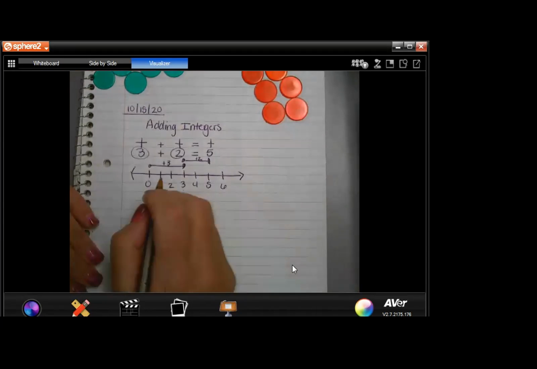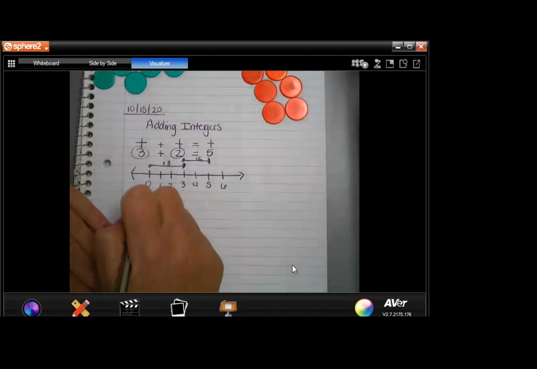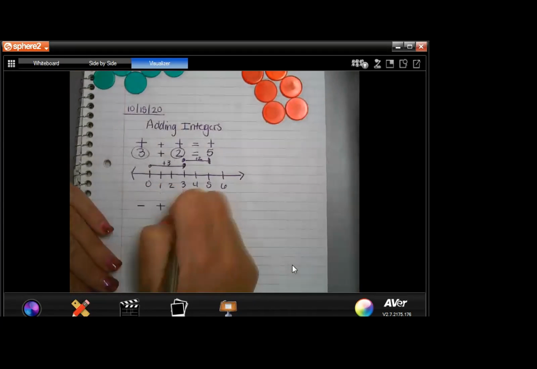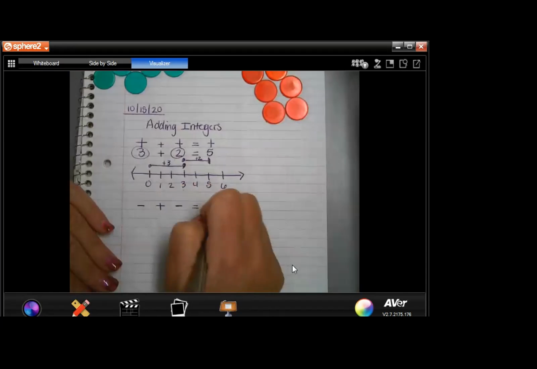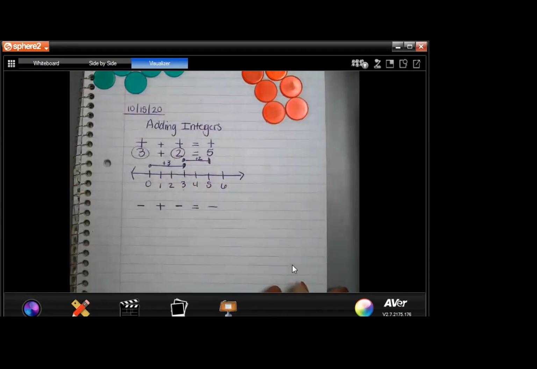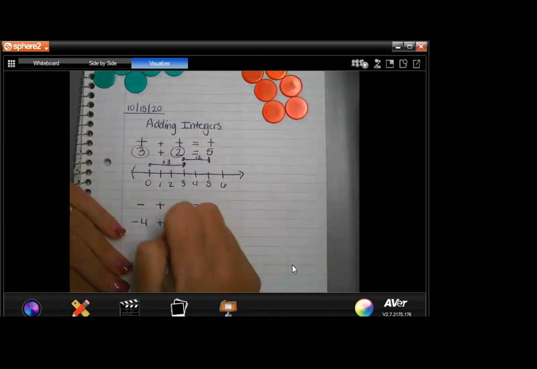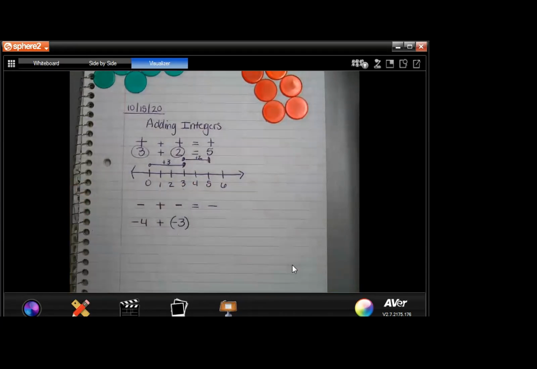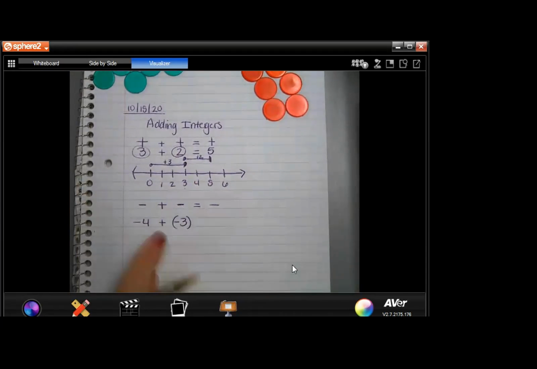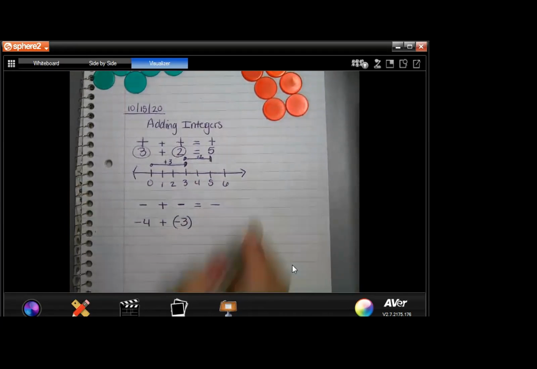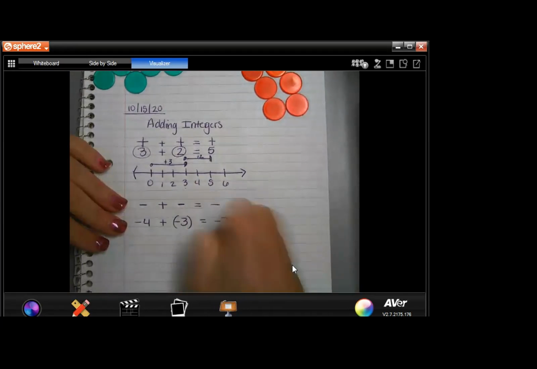So what we know is when you add a negative to another negative, your answer will continue to be a negative. So if I have -4 plus -3, okay, all I'm going to do is this. Well, I know 4 plus 3 is 7, and they're both negative, so my result is a -7.